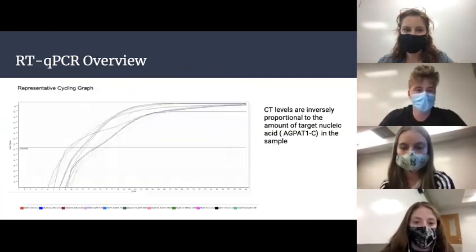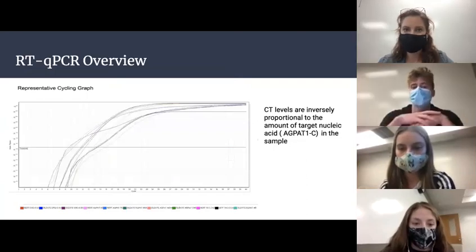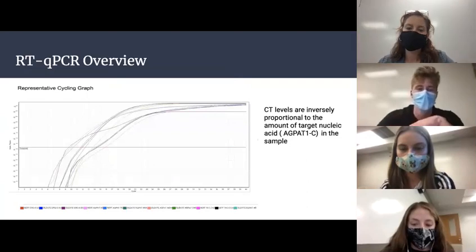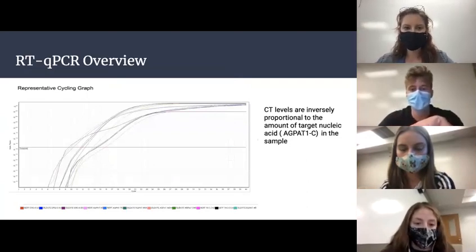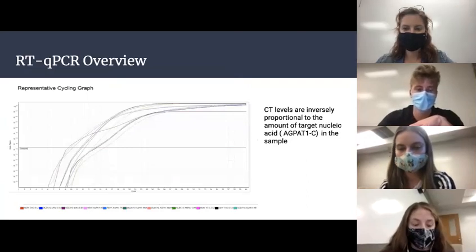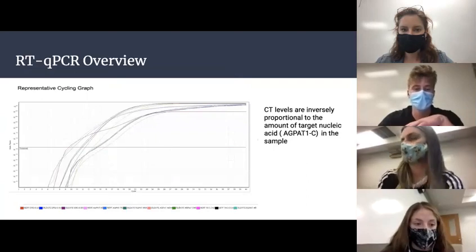So before going into the analysis of our own CT data, I just wanted to give a quick RT-qPCR overview as a quick reminder. This is a representative cycling graph given to us by our lab instructor, just data pulled from across the labs in this experiment.